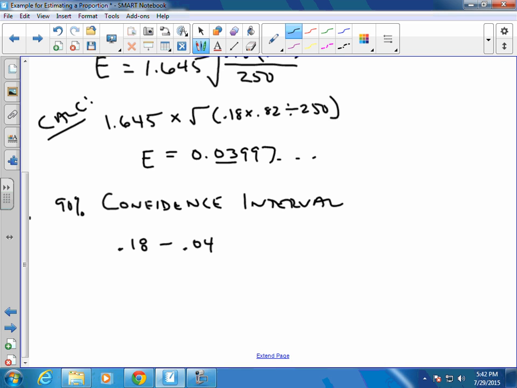Again, I'm going to round this off to 0.04, so that would give me 0.14. I could take that and add one margin of error. That would give me 0.22.